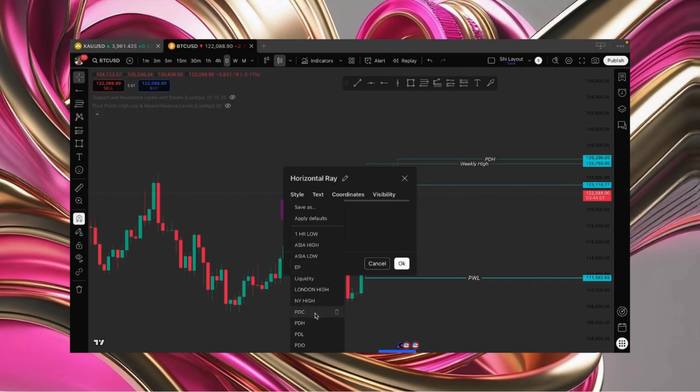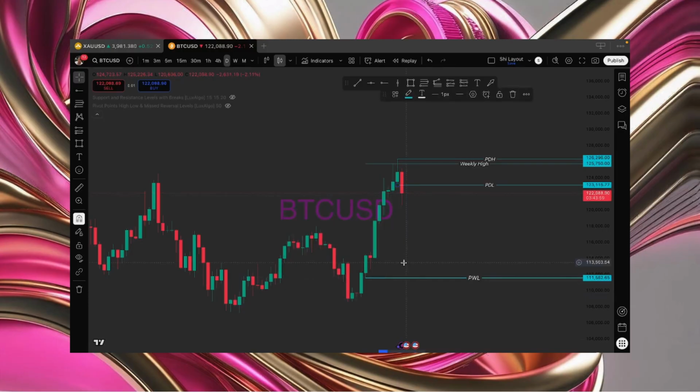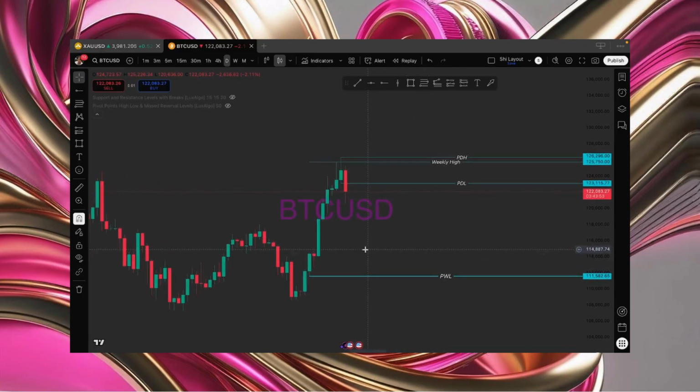The reason why I'm doing this is because I want to see what happens when price moves to these levels. Okay. If I get a rejection off of a key level, and if it closes, like right now, let's say Bitcoin closes below this previous day low, I know that it's going to continue to sell.